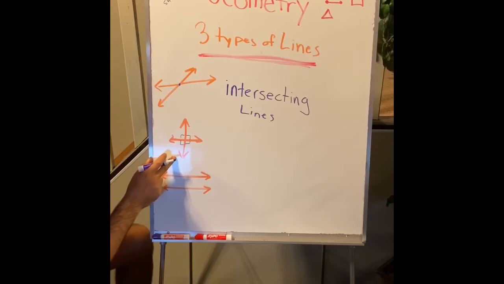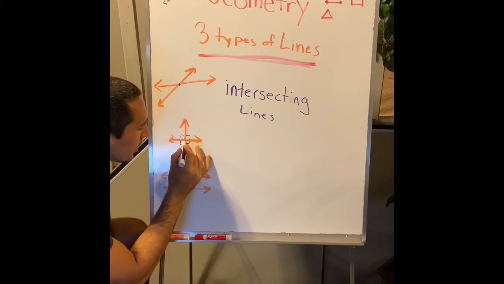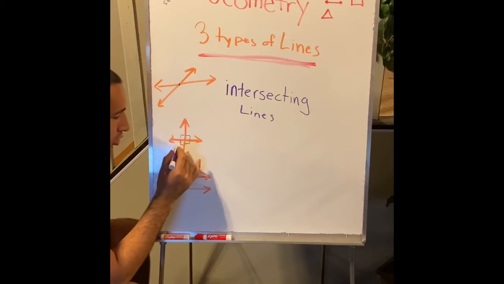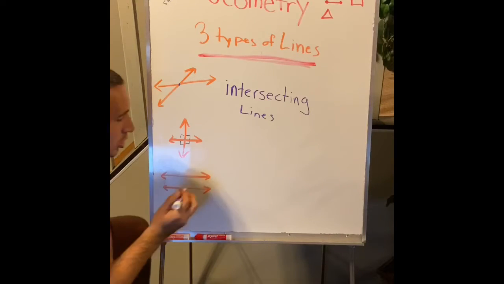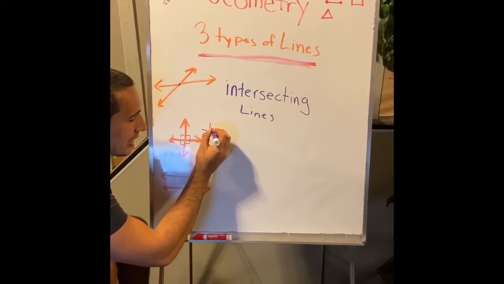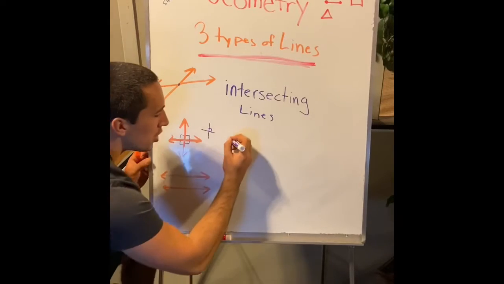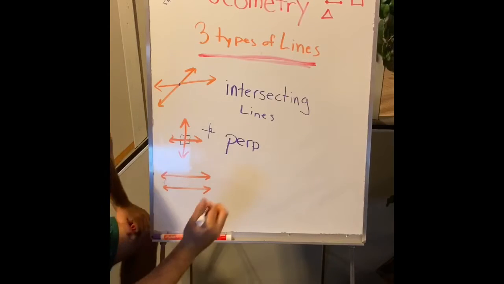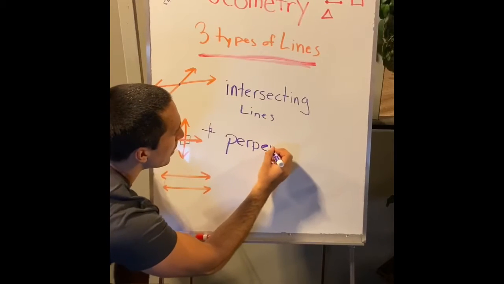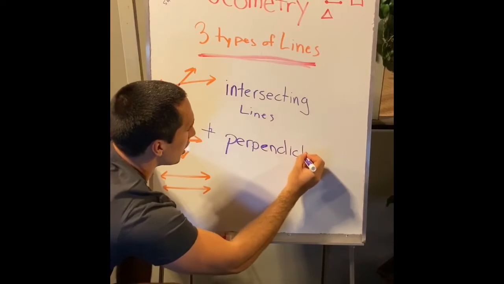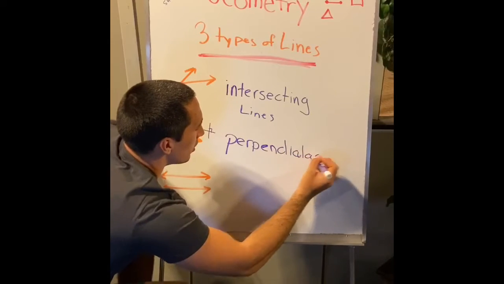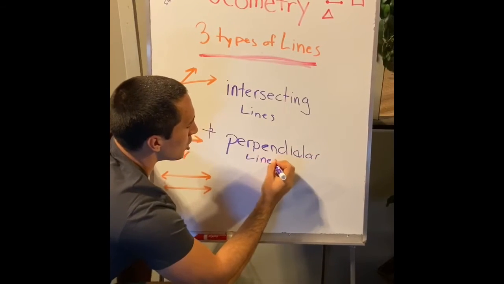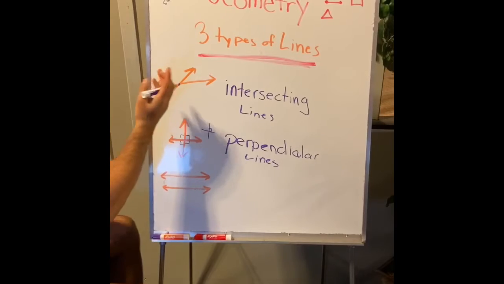Our next set of lines, where they meet, it forms right angles in each corner. So when they meet, they form right angles. These are called perpendicular lines. So remember, intersecting lines meet at one point.